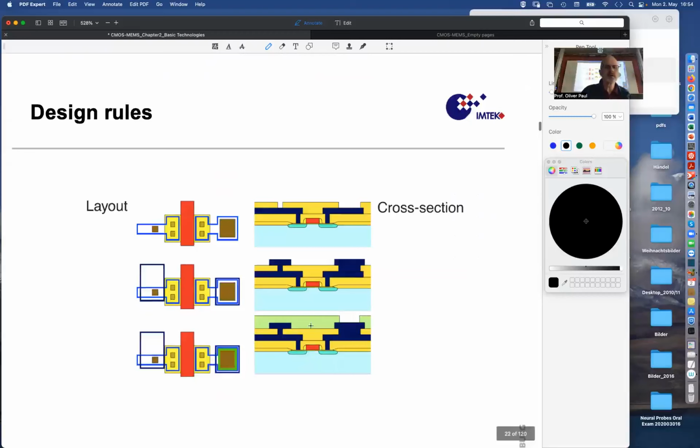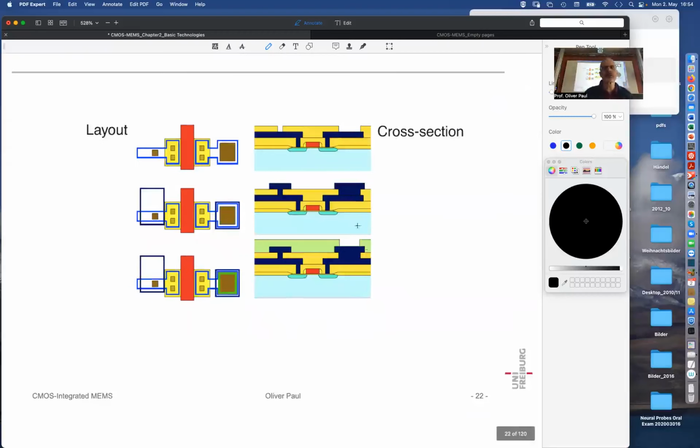And I continue here. Next slide. So for instance, this metallization, it's now to be contacted with a second metal layer. So we need another via etching, shown in brown, and then we need another metallization mask shown in dark blue here to produce these structures, and then we need to open the passivation over the metal. That's the green mask here.